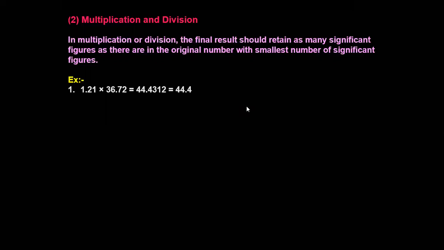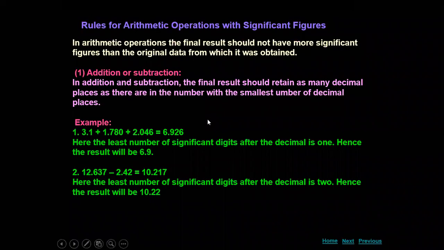There is a small difference from the previous topic to here. There, we looked at the number with the smallest number of decimal places. After the decimal point, only 1 digit is there, so in the result also, 1 digit after the decimal we are placing.